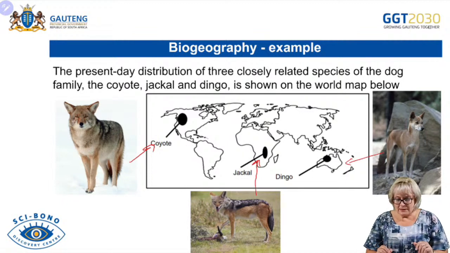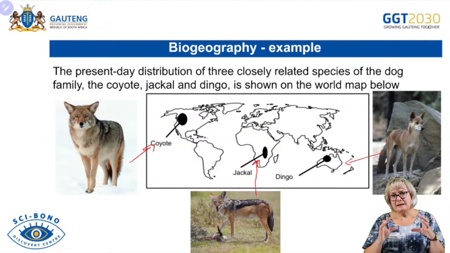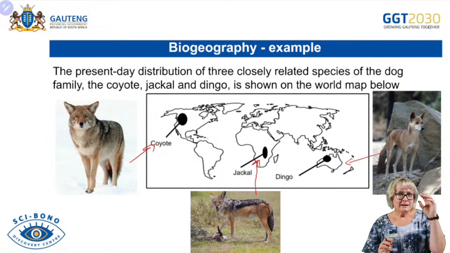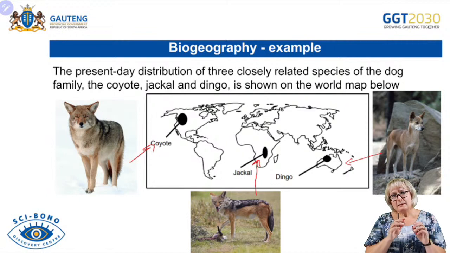There's no way that they can actually get to one another. And the only way we can explain this is to say that, you know what, many years ago, remember when we had Pangea, when there was one landmass, there was one ancestor. And because of the continents that moved away, or continental drift, the original population actually got separated.